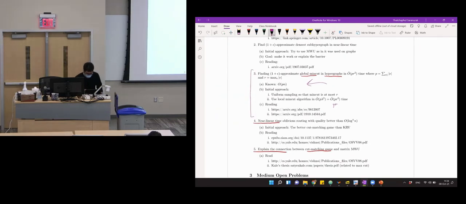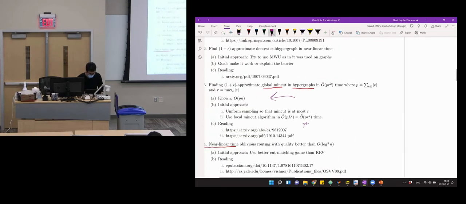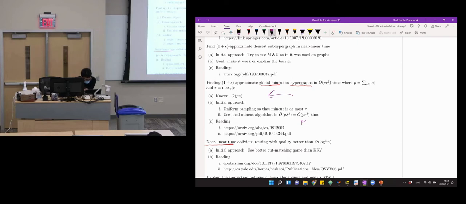Okay. Let's see. So first thing is that there is a really nice claim about the number of min cuts in a graph, actually. Suppose that you look at a graph, not a hypergraph, just a graph.